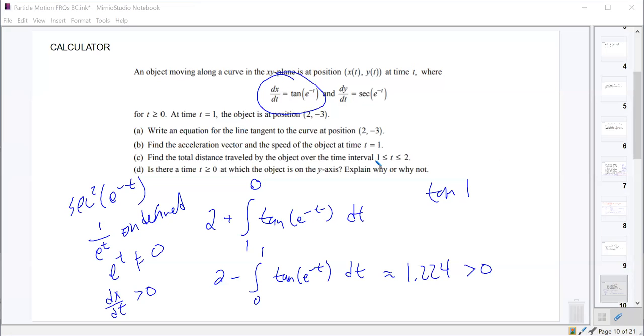So here's what I would like to do if there are no other questions. Oh, wait. Yes, Nick, that's right. dx dt is always positive, which means the object always moves to the right. Exactly. And since it started to the right of the y-axis and it's always moving to the right, it will always be to the right of the y-axis.